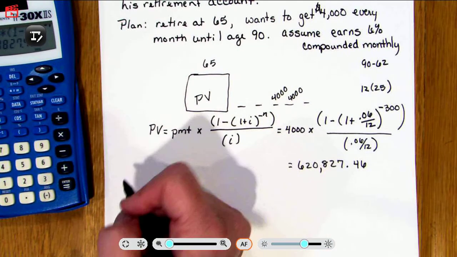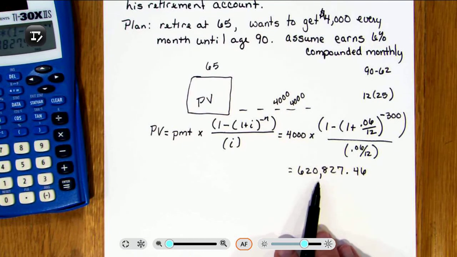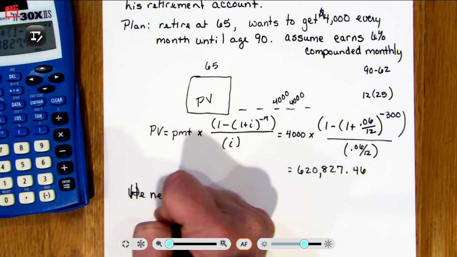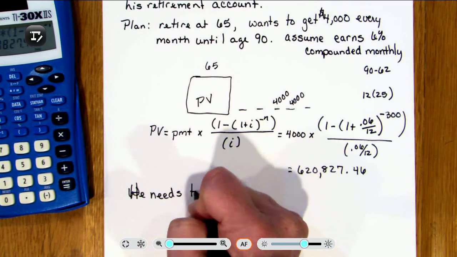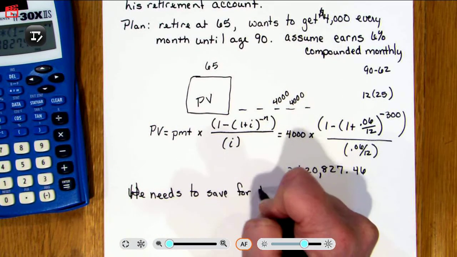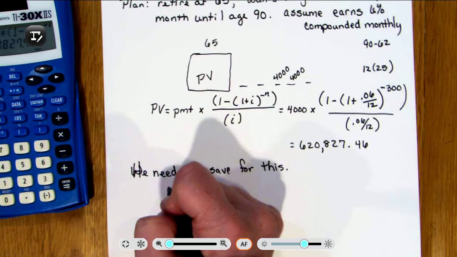The next thing he needs to do is get to that point, because his employer is not going to give him that piece. So we need to save for this, or he needs to save for this. Okay, he gets paid every 2 weeks.